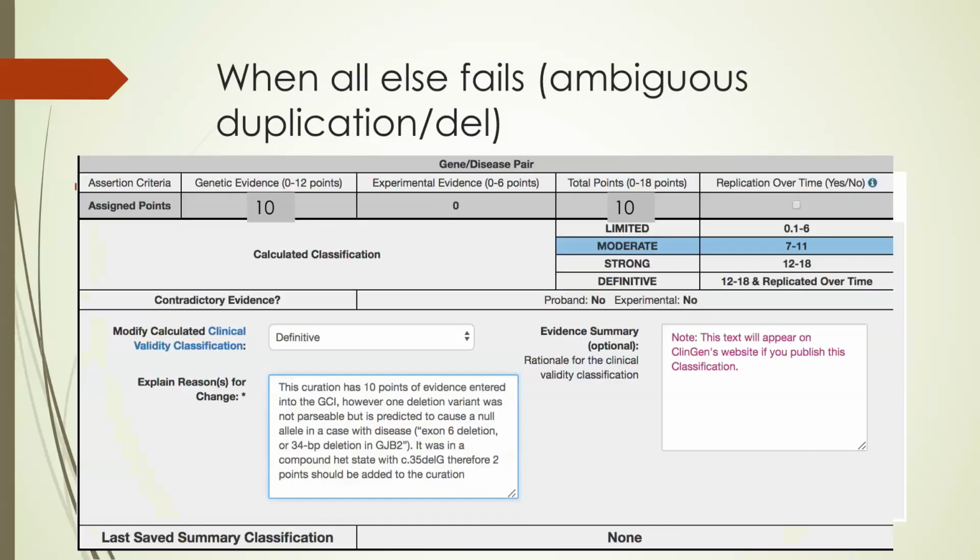But for gene curation, when it's a whole gene deletion with fuzzy ends or what have you, we make a note in the final summary saying there was this deletion, we couldn't map it, but it was shown to cause NMD of the protein or what have you, and we would therefore give this full points or decrease points for the curation, or whatever you're doing.